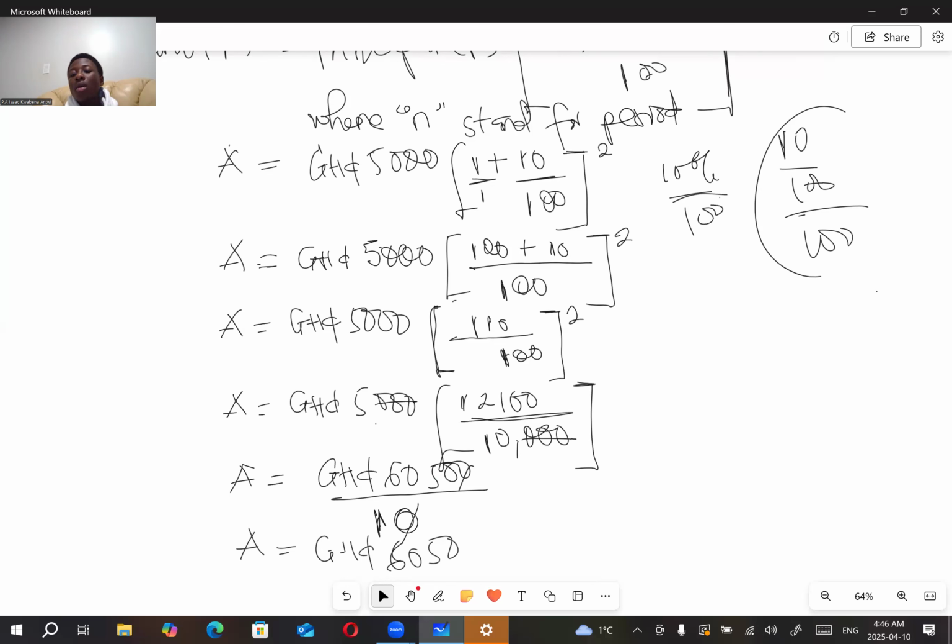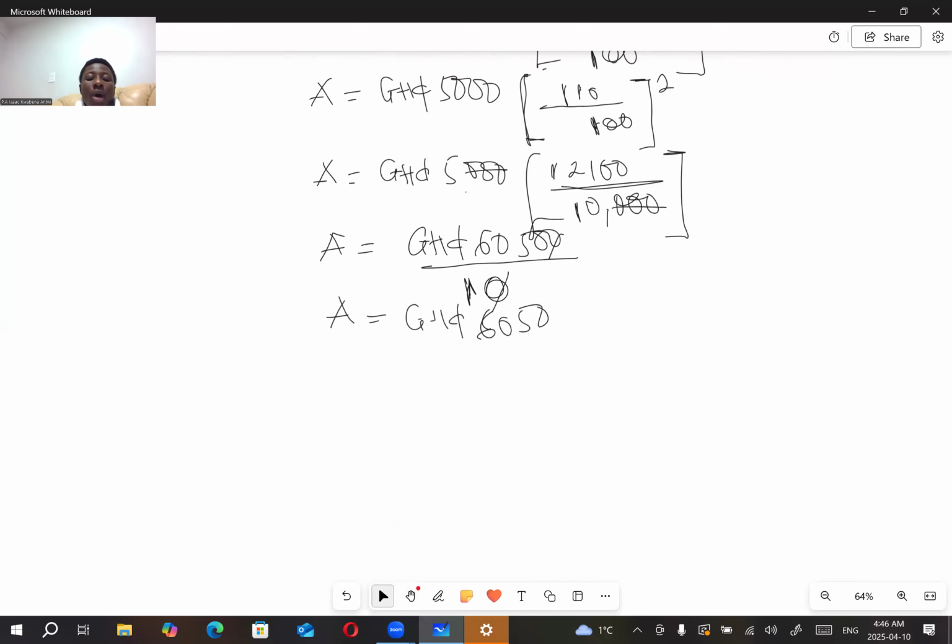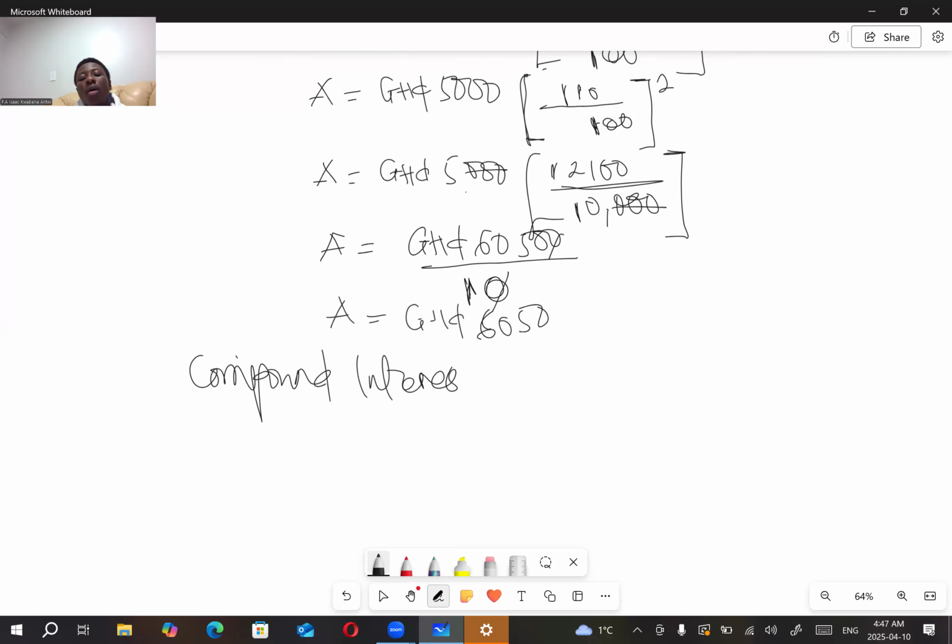Yes, sir. Okay. But the question is saying we should find the amount in compound interest though. It said find the amount in compound interest at the end of 2 years. So the compound interest, and you know that, to find compound interest, it's equal to what?